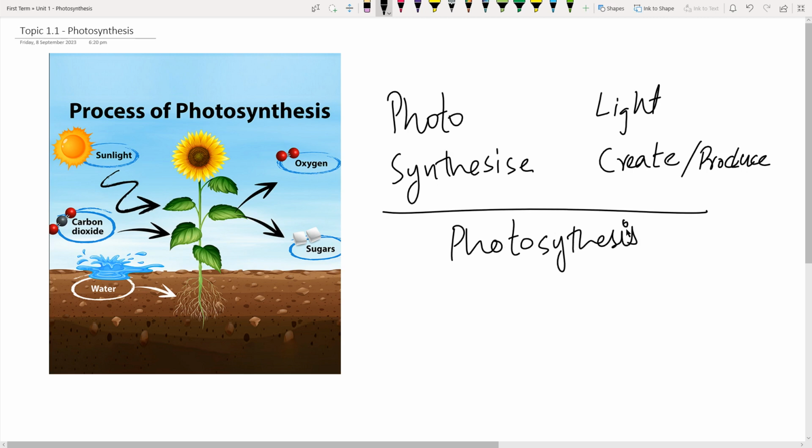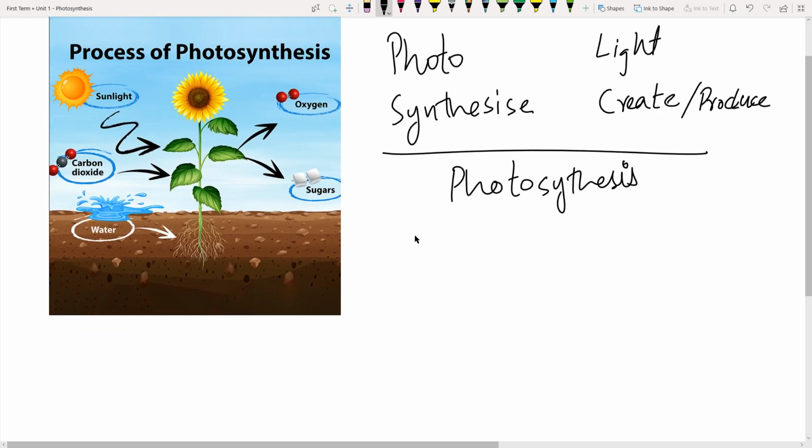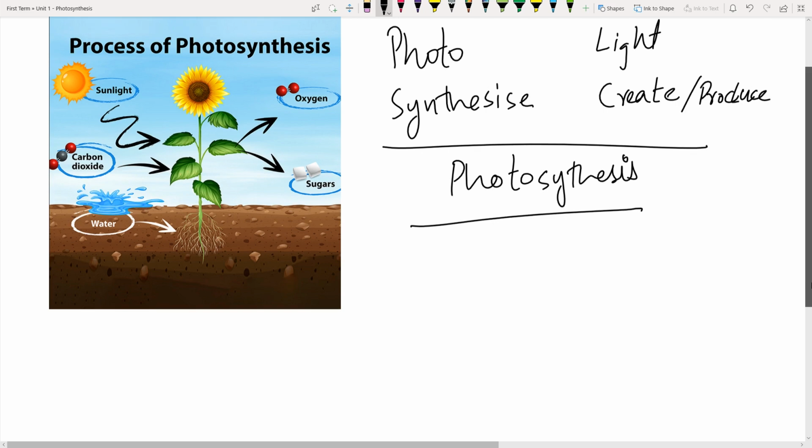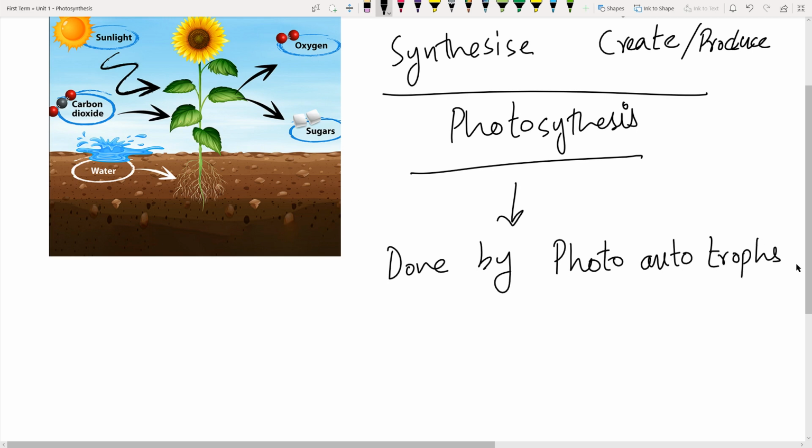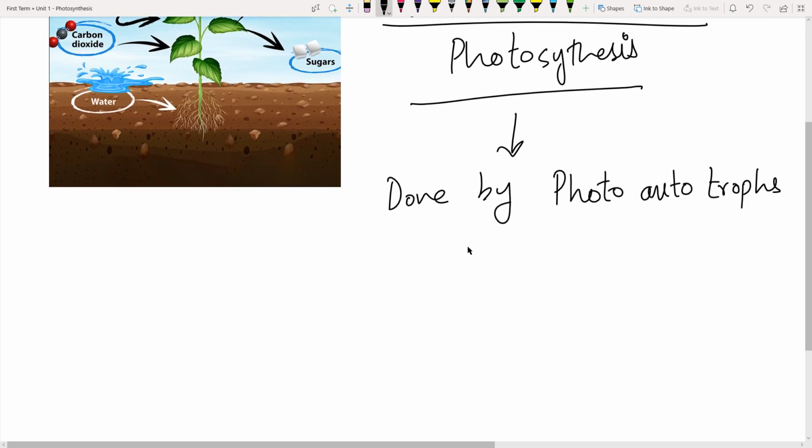So in the process of photosynthesis, this needs to be done by organisms which we call photoautotrophs, or the organisms that have the capacity to fix their own carbon.